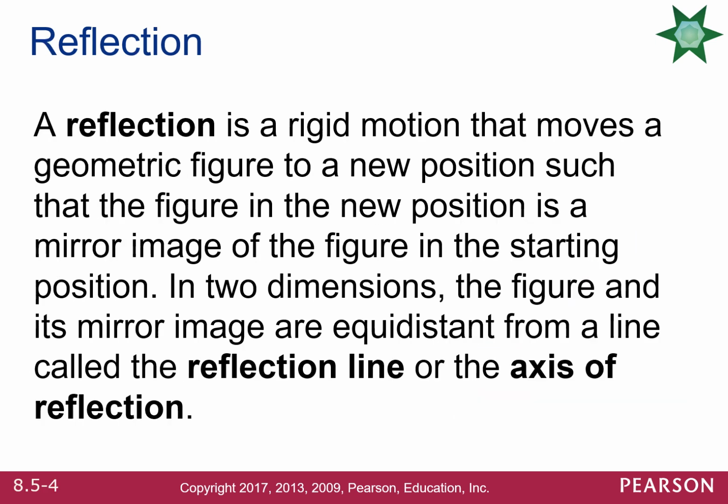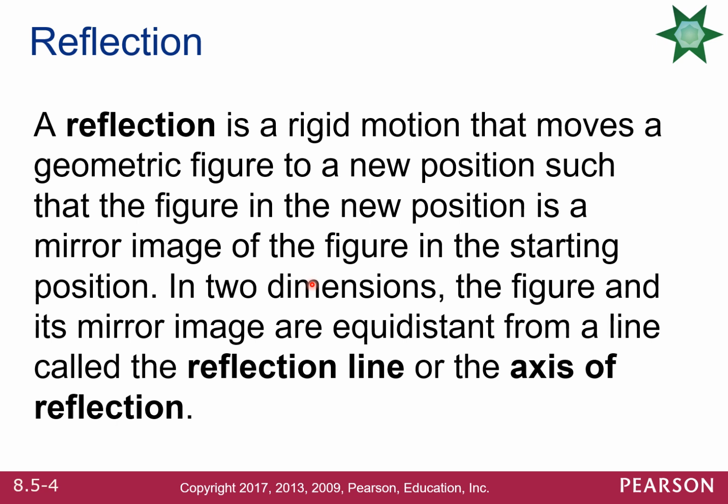Another kind of transformation is called reflection. A reflection is a rigid motion that moves a geometric figure to a new position such that the figure in the new position is a mirror image of the figure in the starting position. So as you know, we talk about reflection across a certain position. When you look at a mirror, you see your reflection across the mirror.